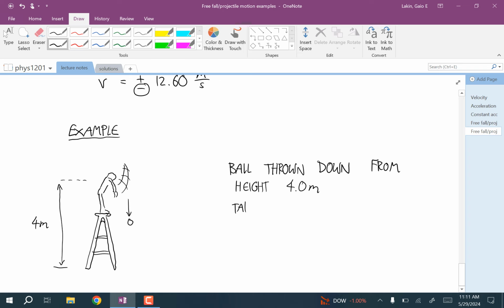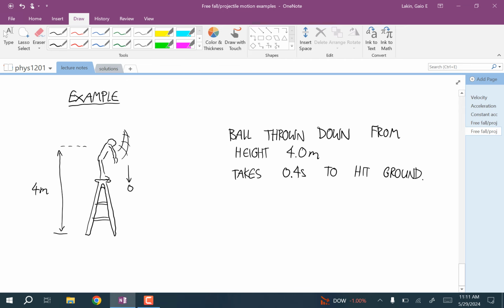And it takes 0.4 seconds to hit the ground. And the question is, what was the speed of the ball at the instant it was thrown?